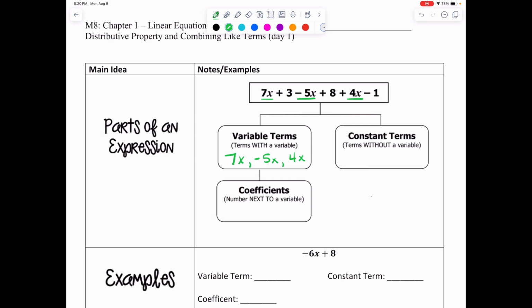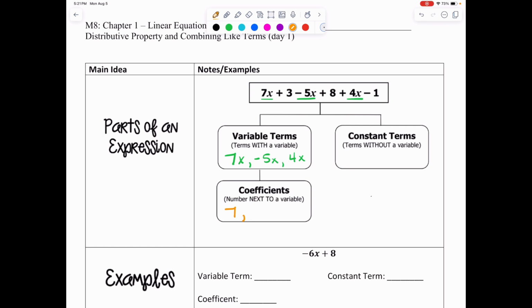Underneath variable terms, because it directly relates to it, you see a word that I hope you have seen before, which is coefficients. Coefficients are the number next to a variable. Most often, you're going to see that number in the front. So we will only look at our variable terms to determine what our coefficients are. In 7x, my coefficient would be 7.